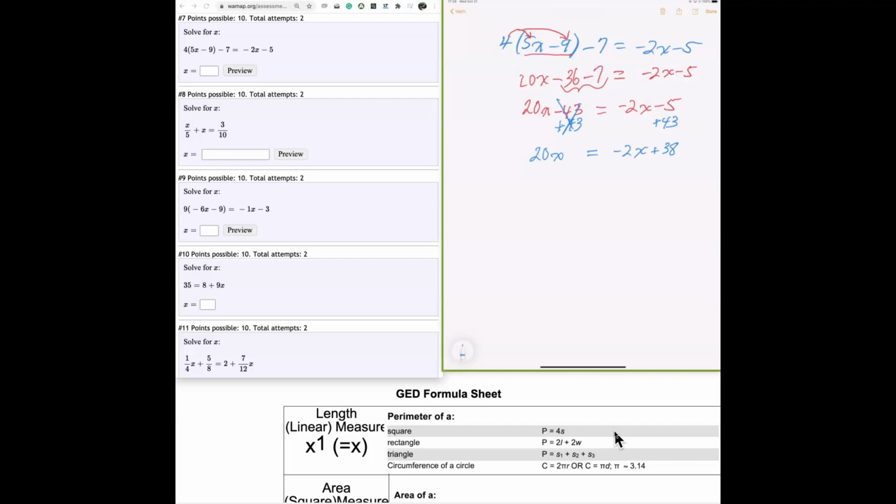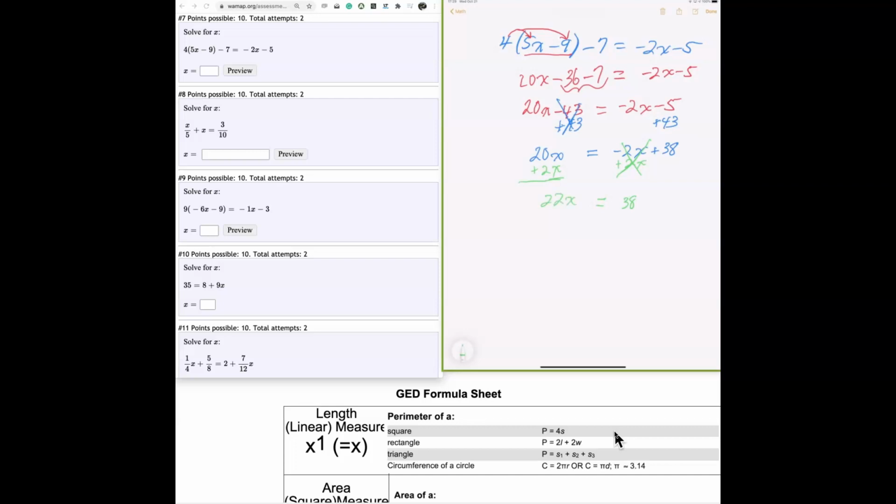And now we can move this negative 2x across by adding 2x here and adding 2x here. And these two eliminate each other, leaving 38. And that's equal to this total, which is 20x plus 2x, which is 22x.